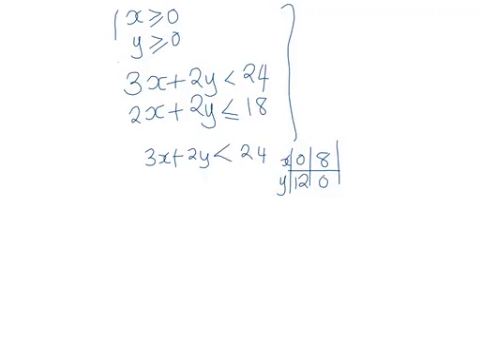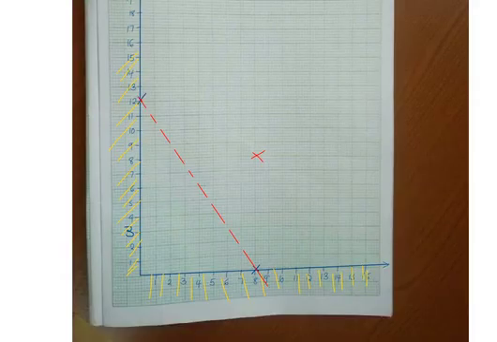Then it will become 3 multiplied by 8, which is 24, plus 2 multiplied by 8, which is 16, and of course that one will be greater than 24. So that means this side is the unwanted side, and therefore we have to shade it. So we shade this side.